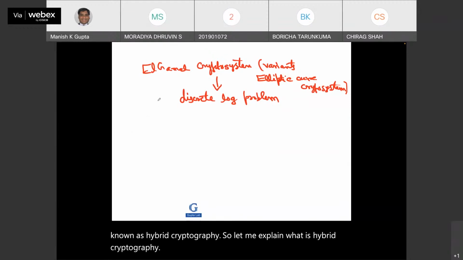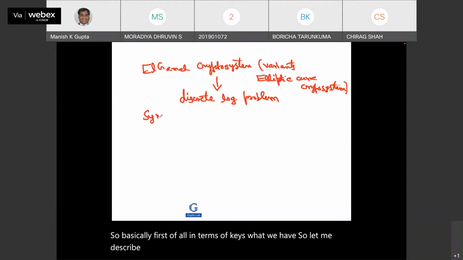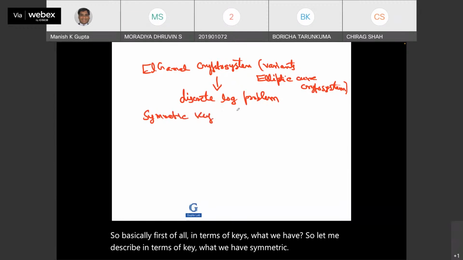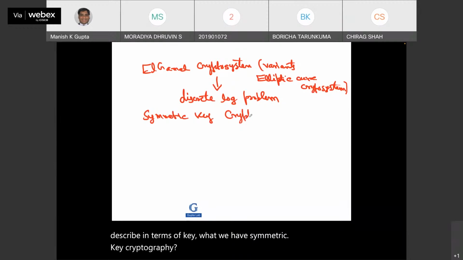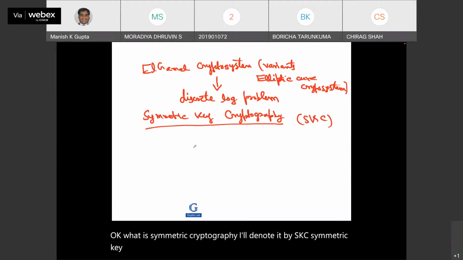So let me describe in terms of keys what we have. Symmetric key cryptography, which I'll denote by SKC, or secret key.